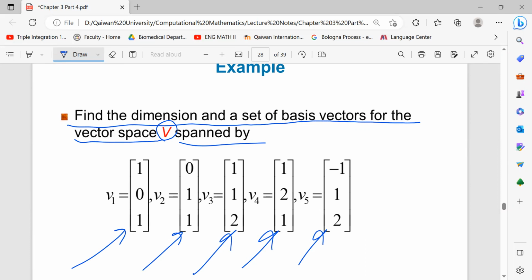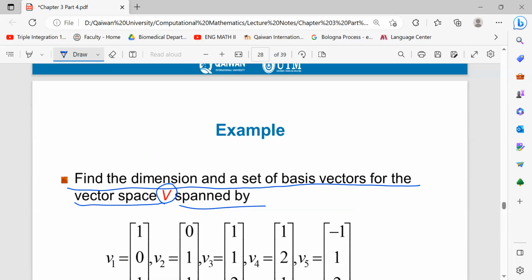So if V1 is 1, 0, 1, written horizontally but with a capital T on it, this means transpose. Transpose changes row to column. So this is a column. It's not a row because we have the transpose of it.